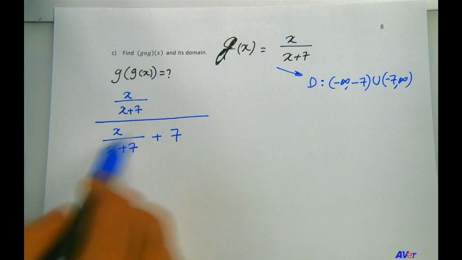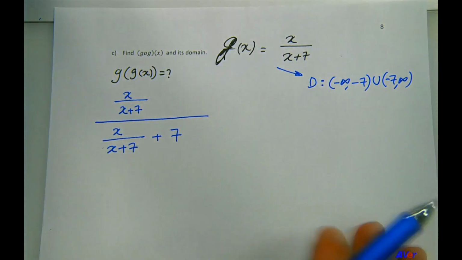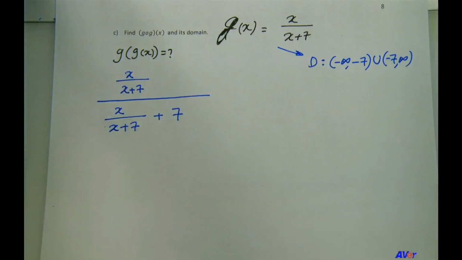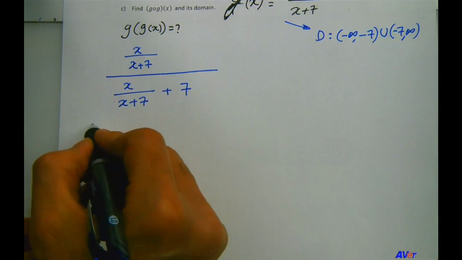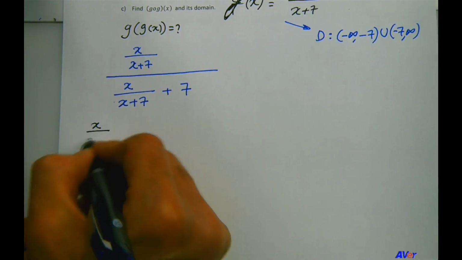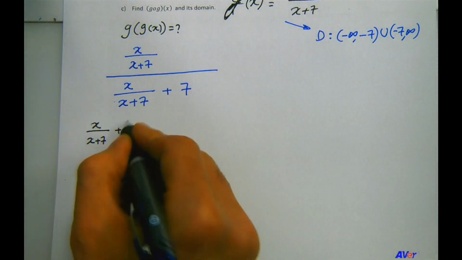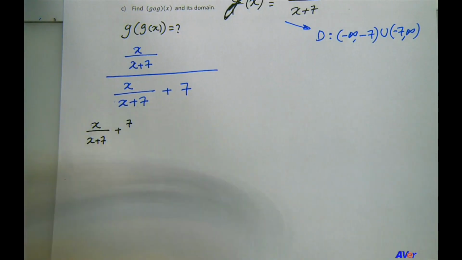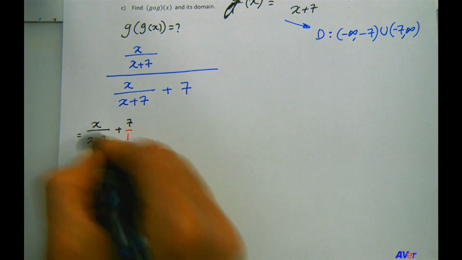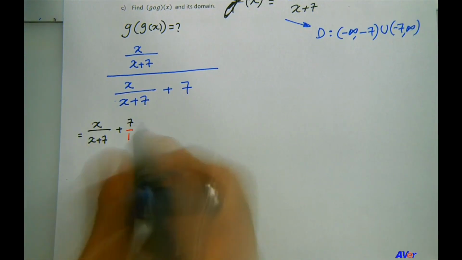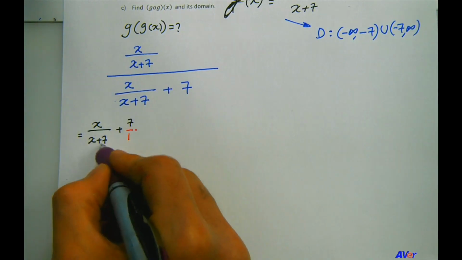So of course the denominator, we need to take the common denominator, right? So the common denominator here, let me do that in a little calculation here. x over x plus 7 plus 7 over 1, right? Common denominator. And then we have to multiply this. The common denominator is x plus 7, right?